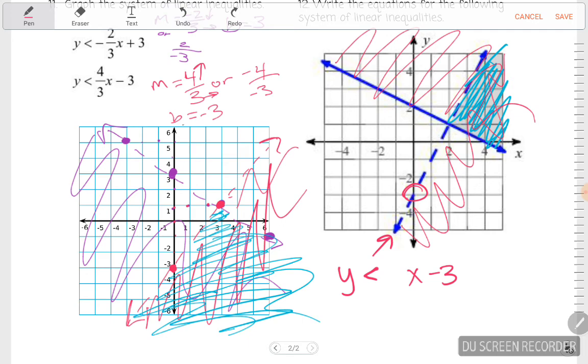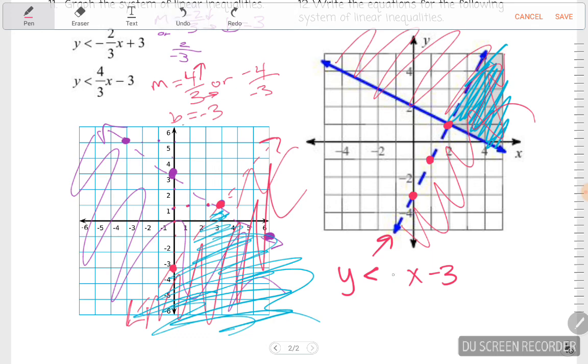So I count out the slope. So let's say I start at the y-intercept. This is another clear point here, so is this. It looks like I go up 1, up 2, and then to the right 1. Again, I go up 1, up 2, to the right 1.